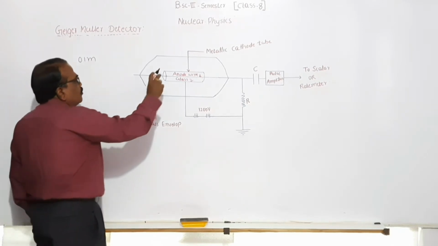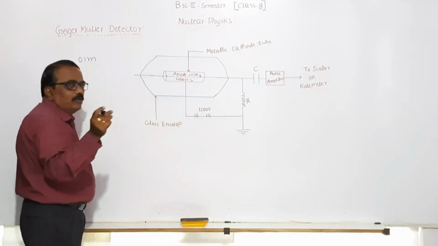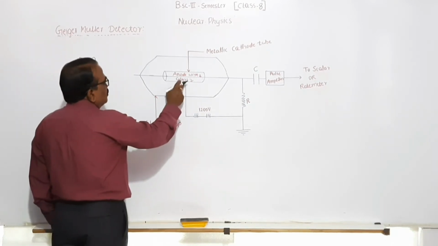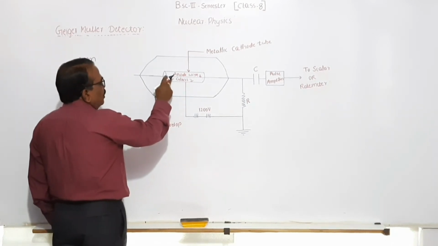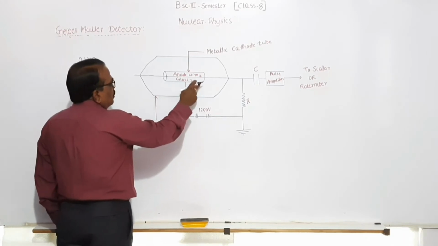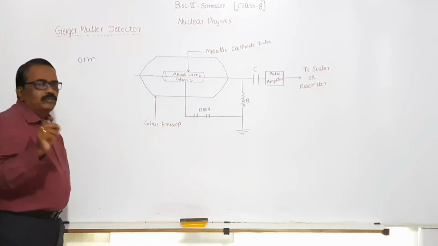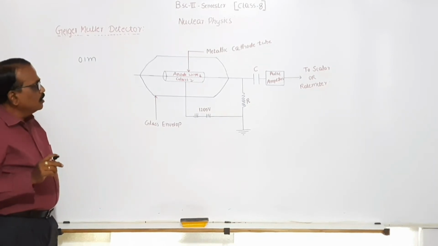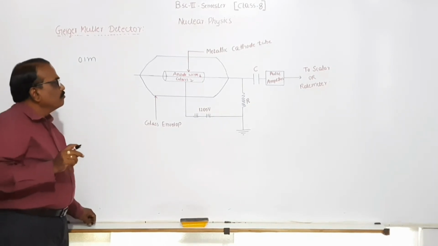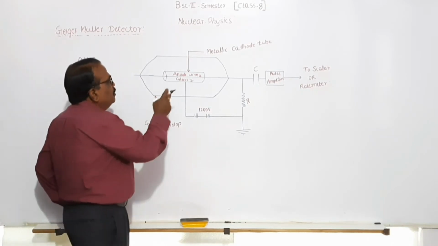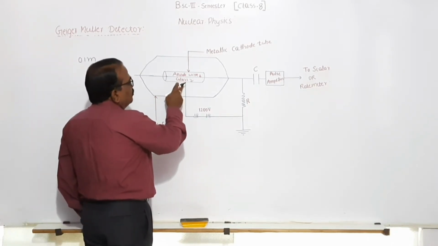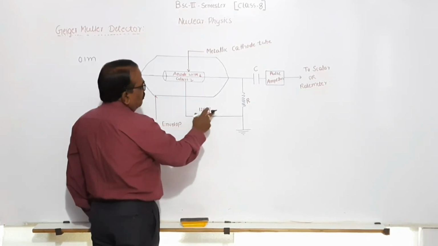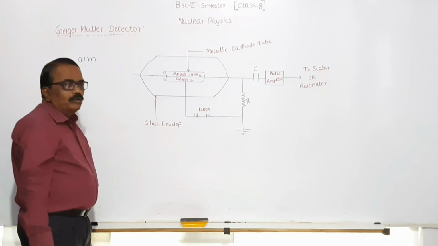This glass is coated with a very thin film of conducting material, so this serves as a cathode. Between anode and cathode, a potential difference of about 1200 volts is maintained.